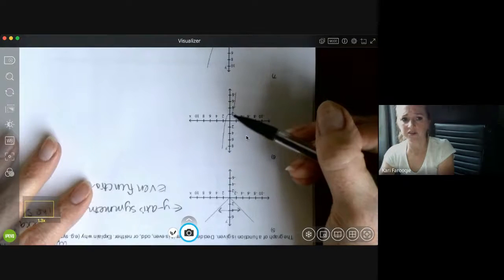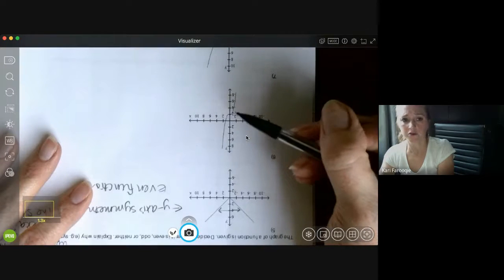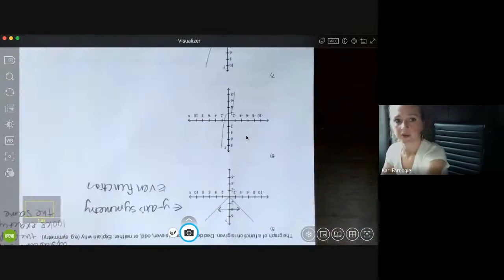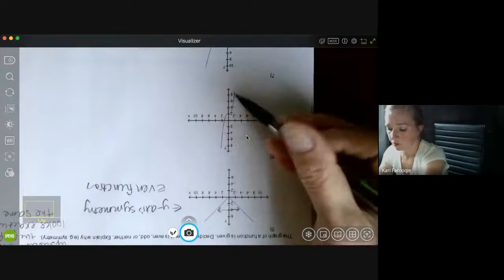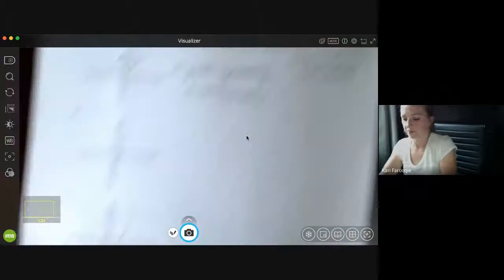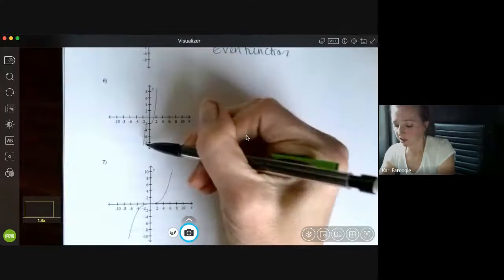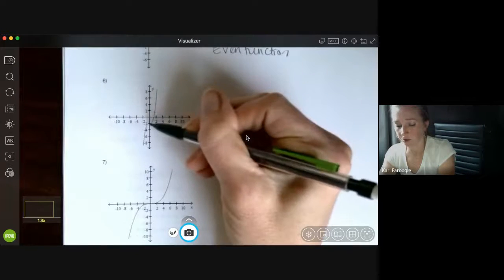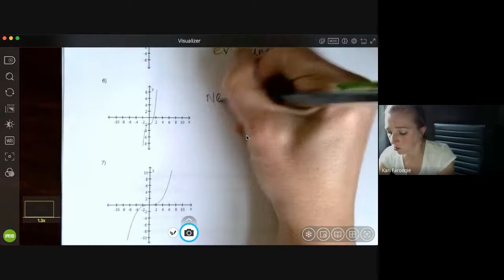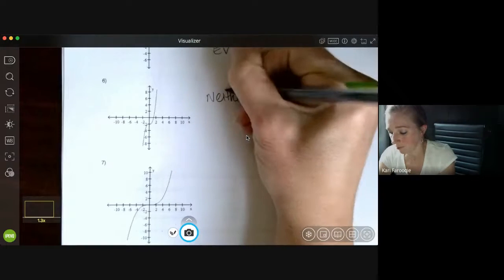However, now it's got its pivot above the origin. Doesn't look exactly the same. So this one increased from left to right, and the pivot was above the origin. And for this one, it was increasing from left to right, but that pivot was below the origin. So we would say this is a situation where we have neither.